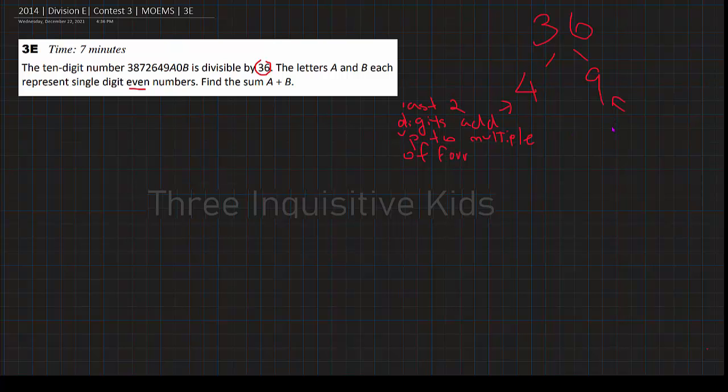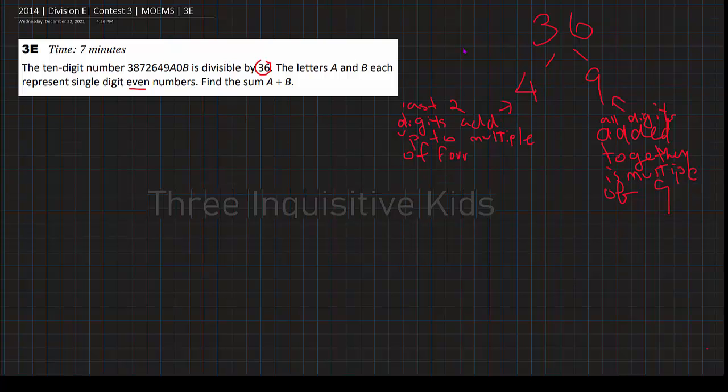Now what about 9? If it's a multiple of 9, all its digits added together would also be a multiple of 9. Knowing these two concepts, everything will be much easier.